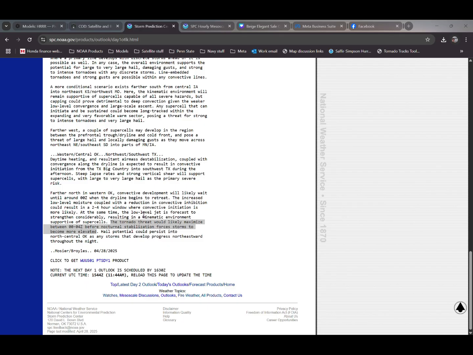Pretty much what that means is surface based thunderstorms becoming supercells that have the possibility to drop tornadoes between 7 and 11 p.m. And then after that, nighttime cooling will happen and the lower atmosphere stabilizes, therefore making those surface-based thunderstorms become elevated, getting all their energy from higher up in the atmosphere. That would dramatically decrease the tornado potential, but the hail threat will remain as those storms move east.